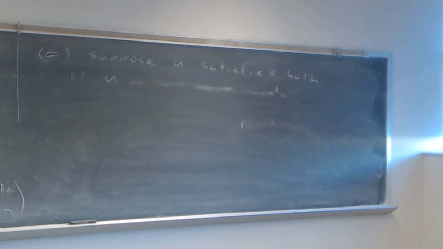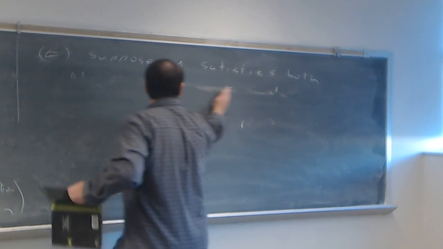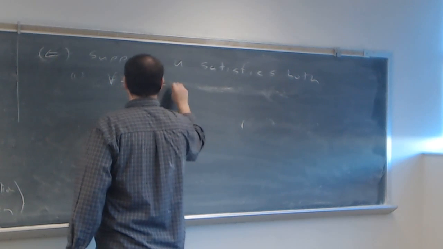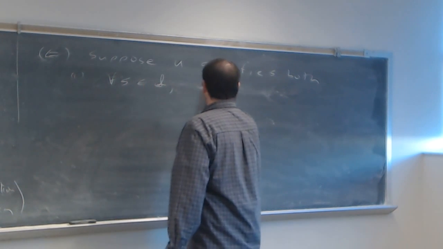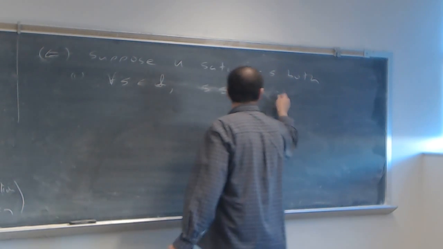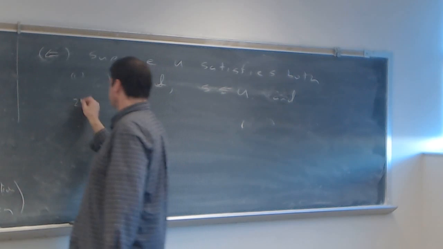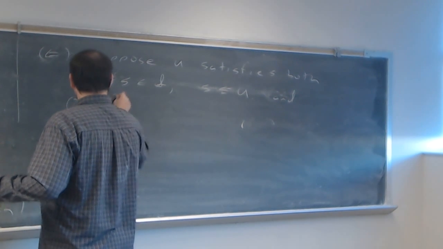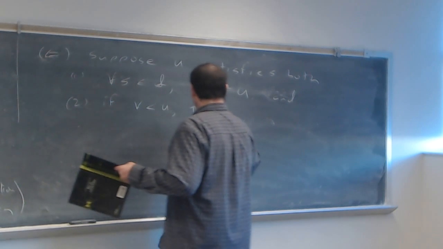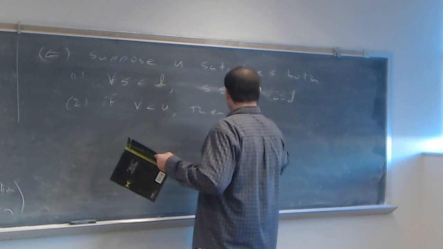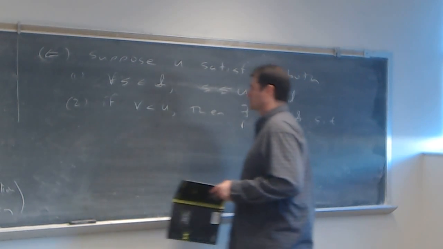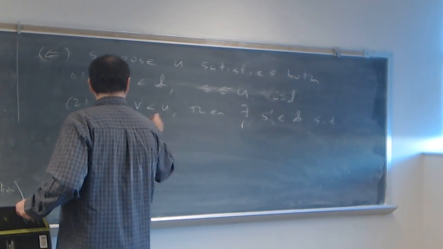It's not that. We assume that, I made a mistake, 1: for all S in script S, S is less than or equal to U. That's what we assume. And 2: if V is less than U, then there exists an S prime, element of script S, such that V is less than S prime.